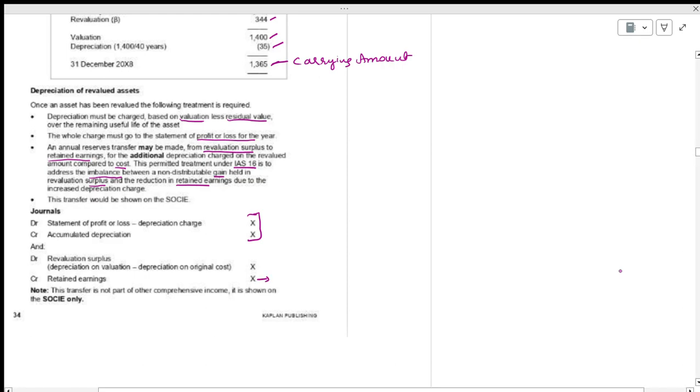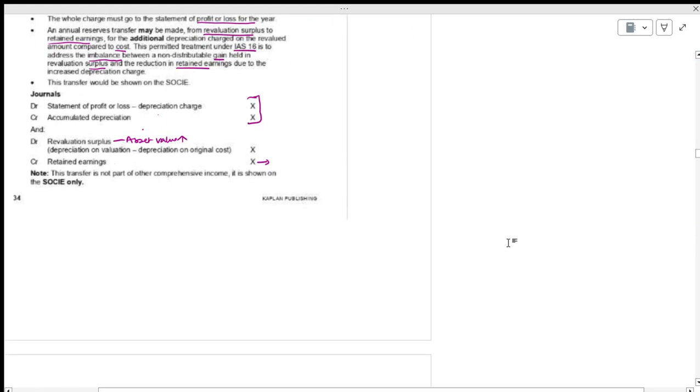Means there will be two journal entries. The first is depreciation to accumulated depreciation. The second is revaluation surplus: asset value will increase, debit, and it will be an income, so we give credit to the retained earnings.